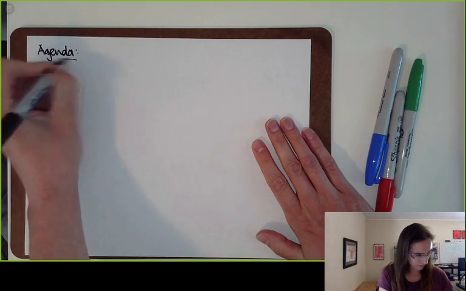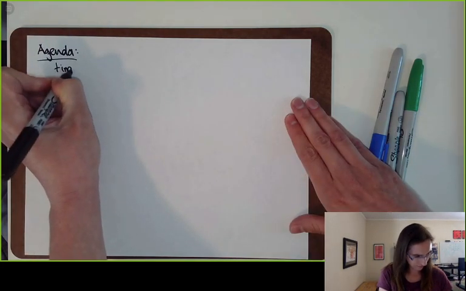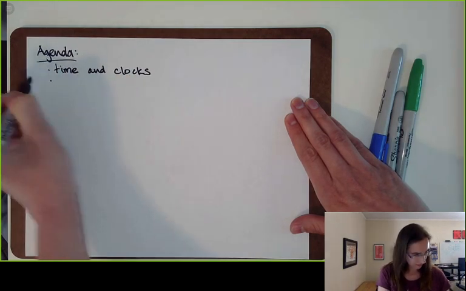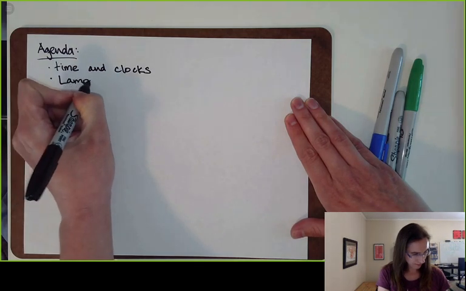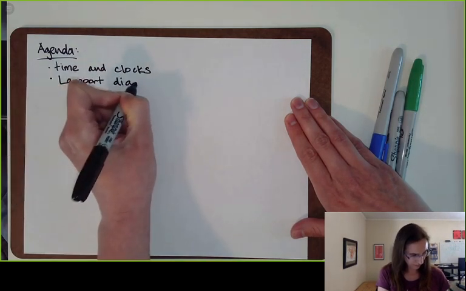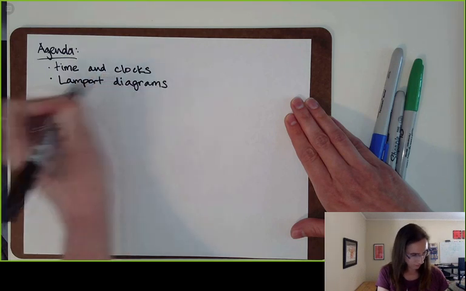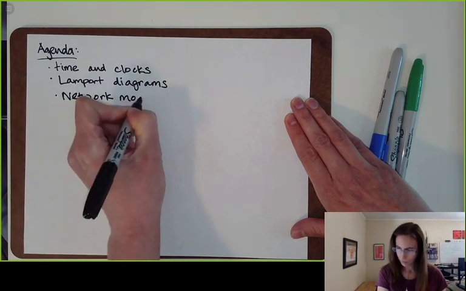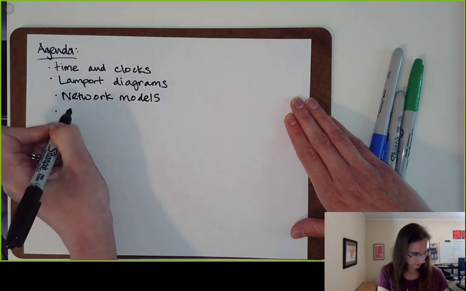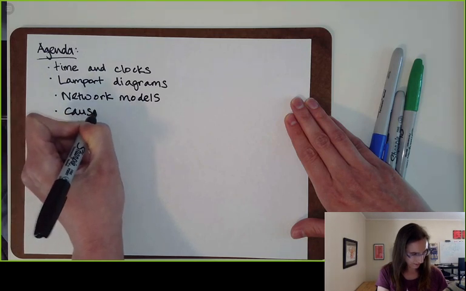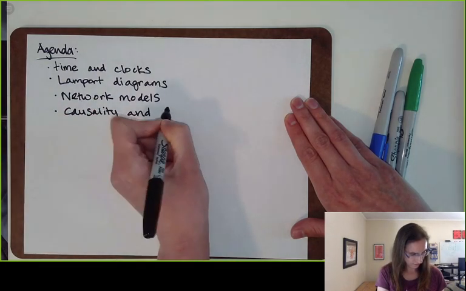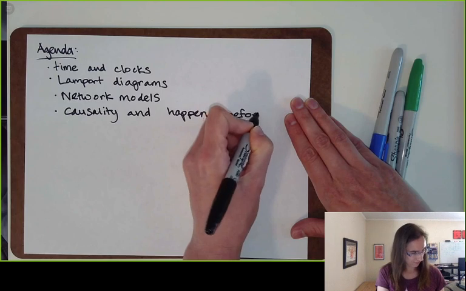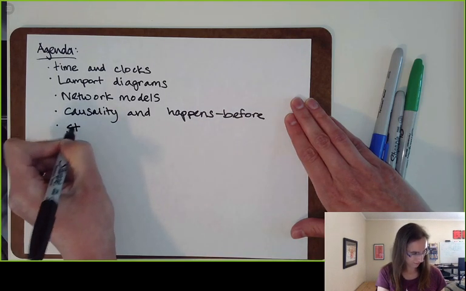We're going to talk about time and clocks, Lamport diagrams, network models, causality and happens before, and state and events.